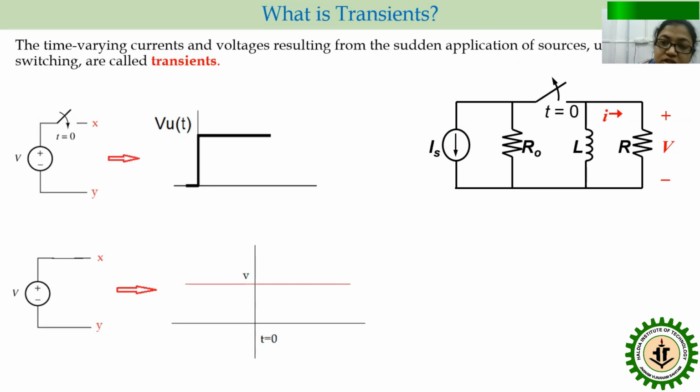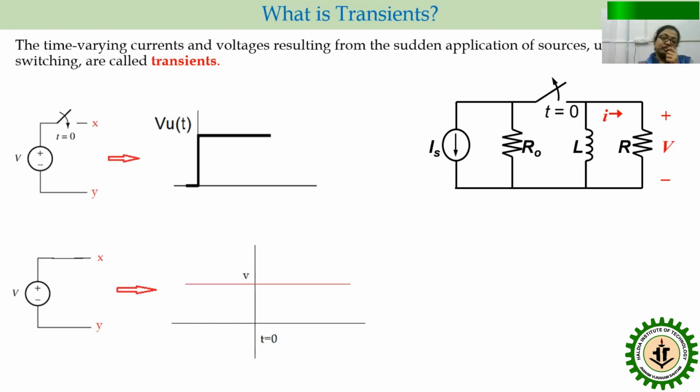Because of this change, some discrete components like inductor and capacitor can't follow that sudden change. Resistance can follow that sudden change, but inductor and capacitor, because of their inherent property, can't follow it, and they take some time to follow that sudden change.